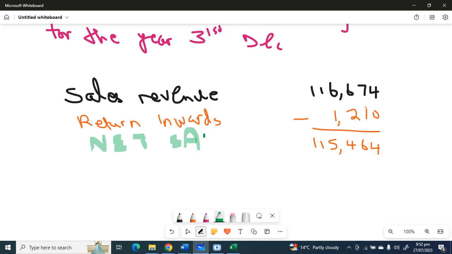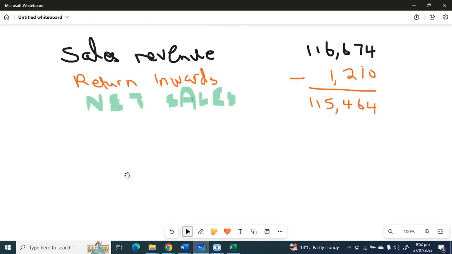What's the next item in our trading account? We've already recorded how much we've made in sales revenue. So what do we need to now tabulate? The cost of goods sold.